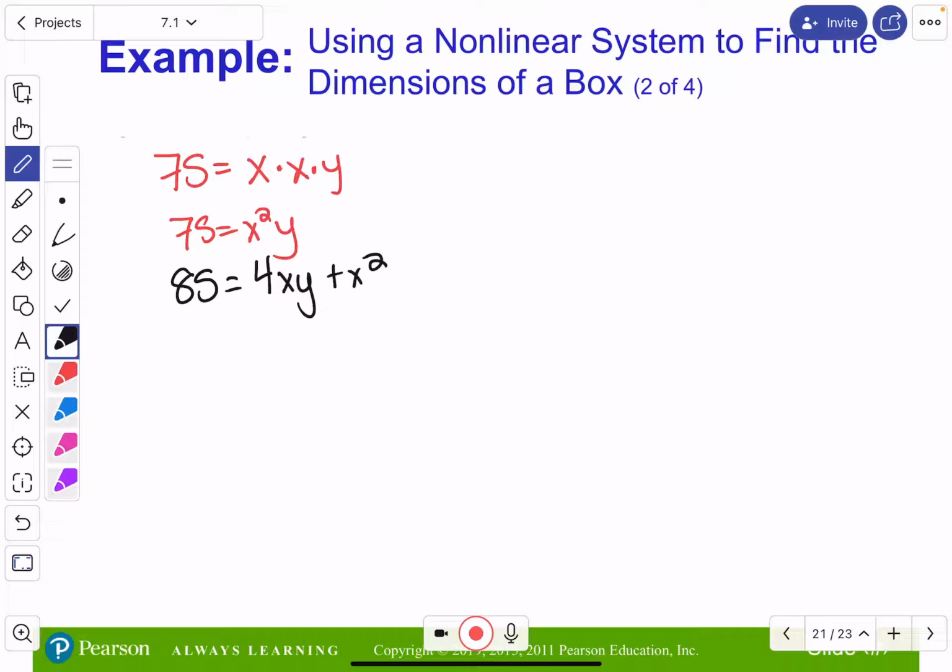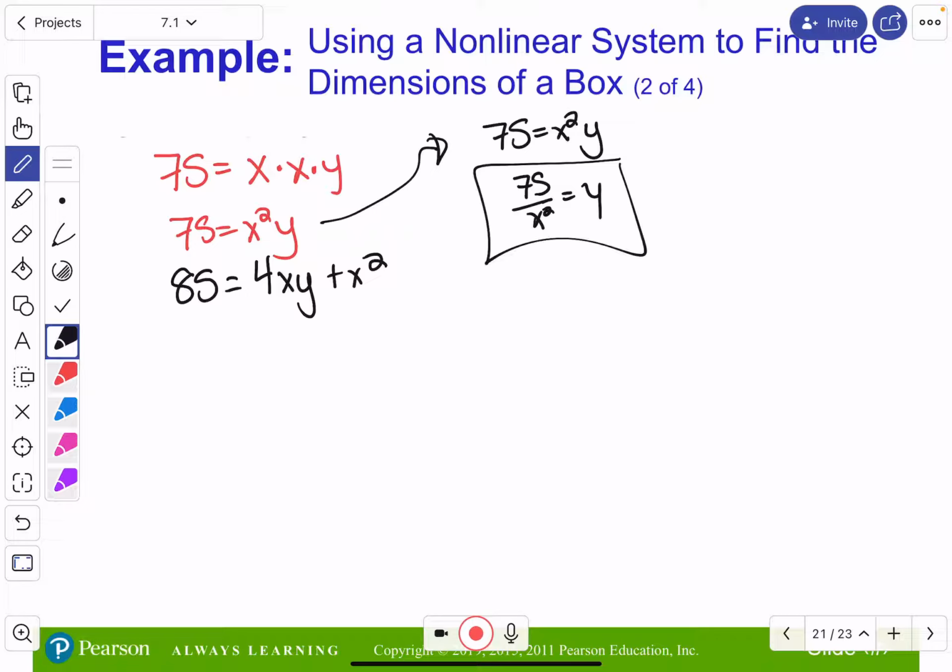So let's solve the first one for y. So 75 equals x squared y. Divide both sides by x squared. 75 over x squared equals y. So we'll plug that in here. 4x times 75 over x squared plus x squared.